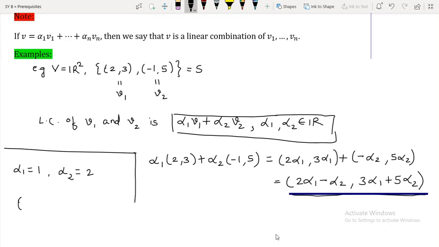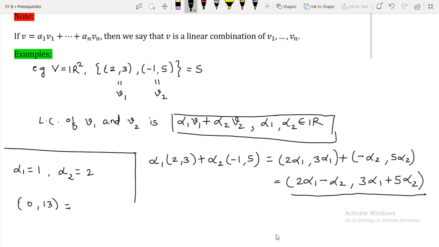It will be 2 minus 2, that is 0, comma, the next element will be 3 plus 10, which is 13.